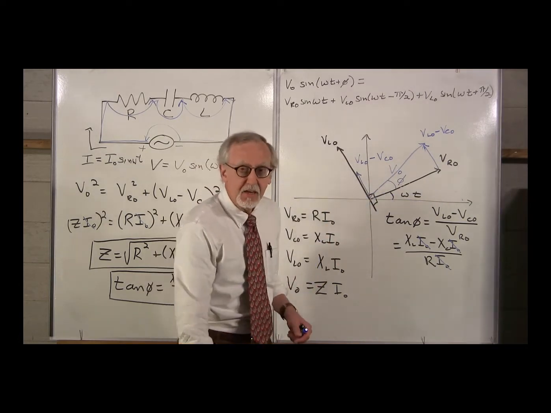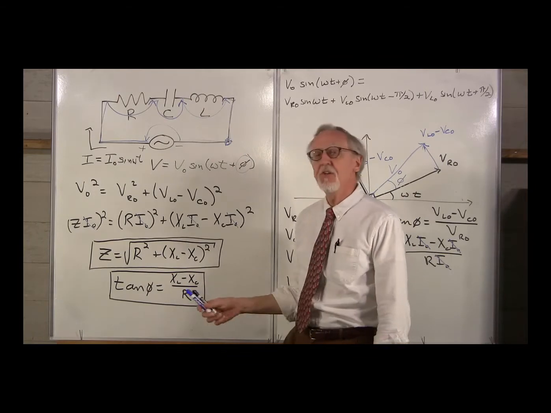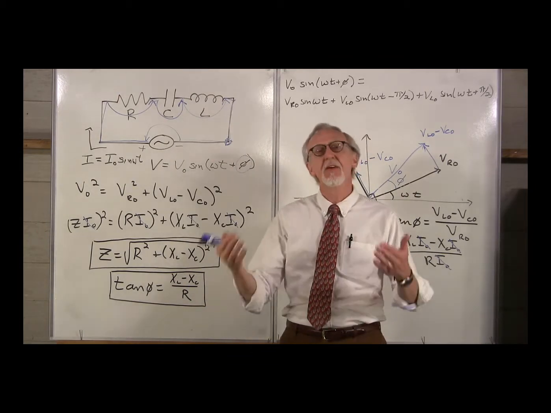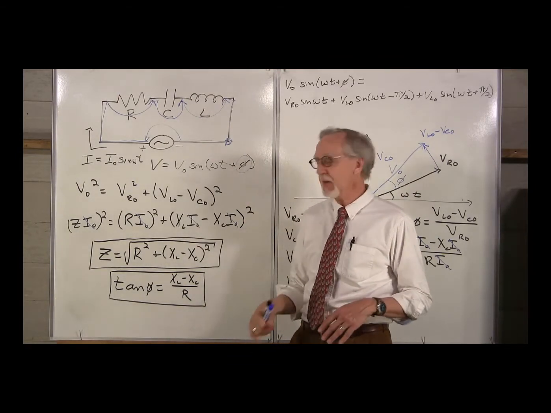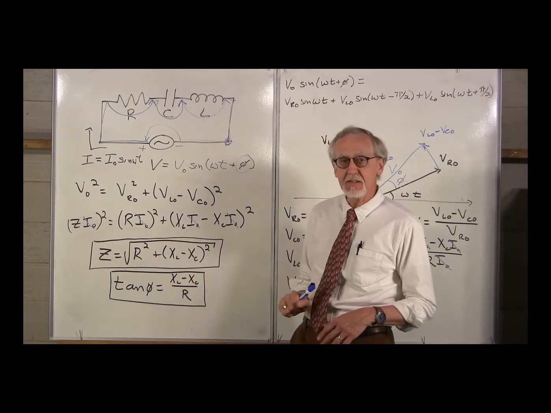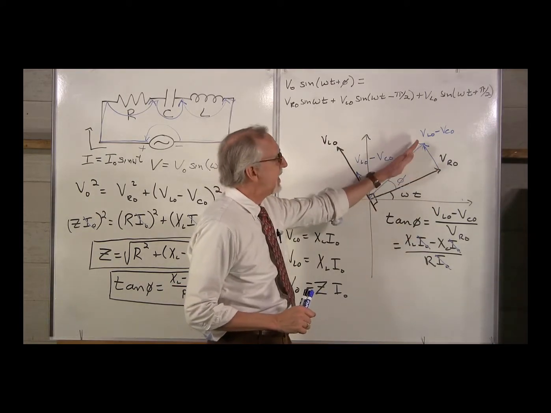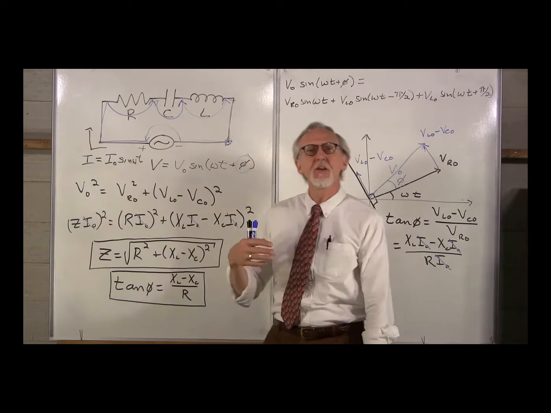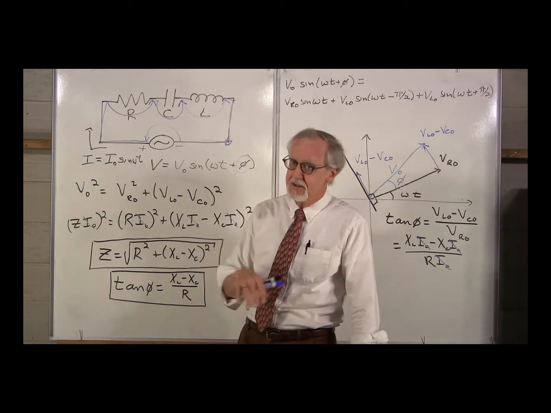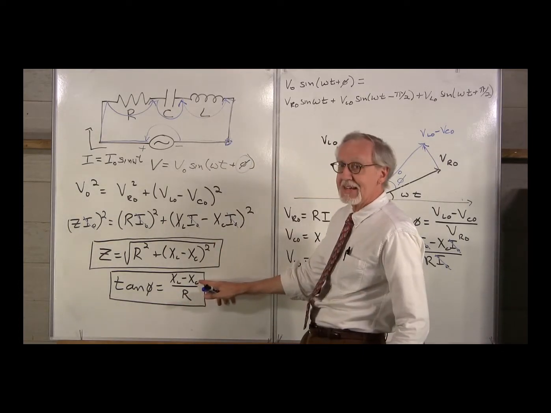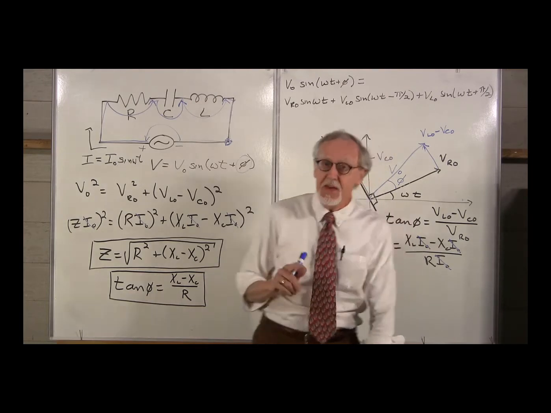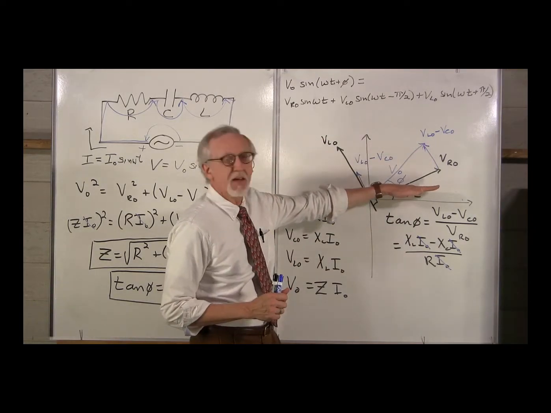Well, the idea is that if the circuit is more inductive than capacitive, so to speak, if XL is larger than XC, the voltage leads the current. If the circuit is more capacitive than inductive, in other words, if XC is larger than XL, then the voltage will lag the current.